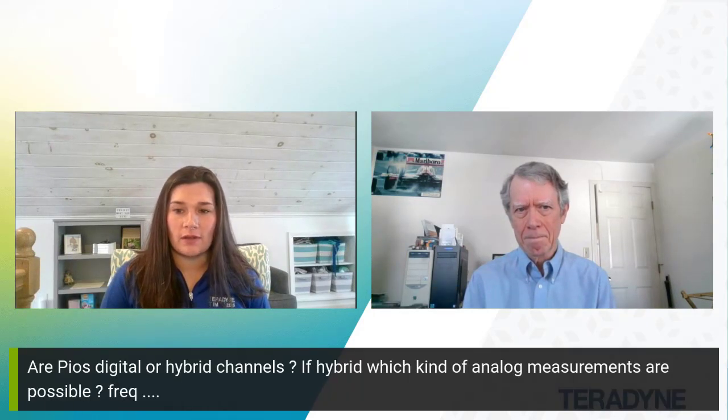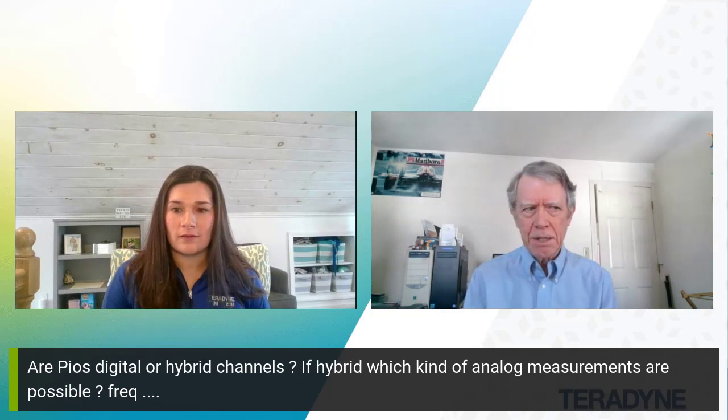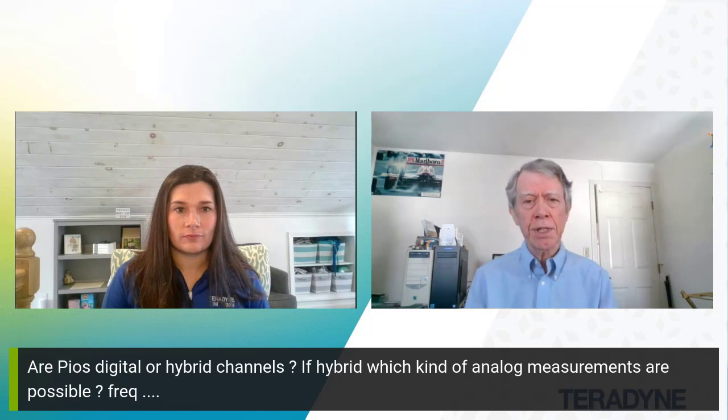Okay, next question. Are PIOs digital or hybrid channels? And if they're hybrid, what kind of analog measurements are possible? So all of this boundary scan stuff is a digital technique. When I talked about PIOs, I was talking about additional digital signals that you can connect to the UUT. Sometimes there are just a few signals that you want to have in specific states to enable other things.